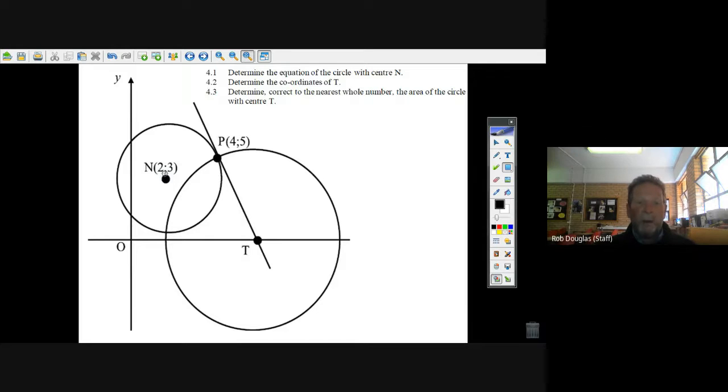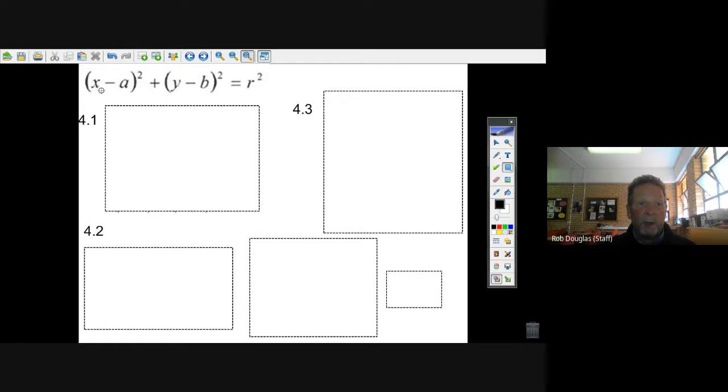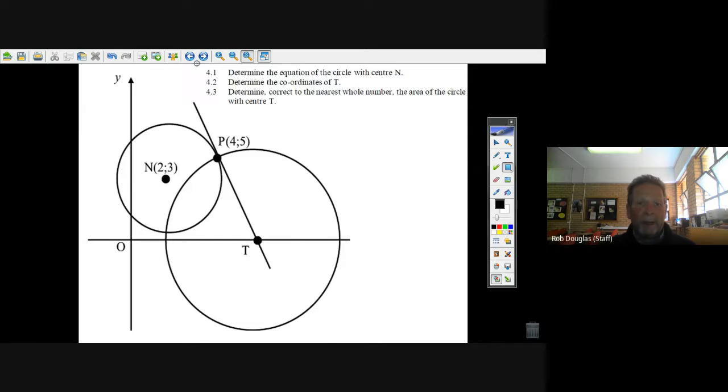So you look in the formula sheet, and the equation of a circle is (x minus a) squared plus (y minus b) squared equals r squared. Here a and b are the center, and this is the radius squared.